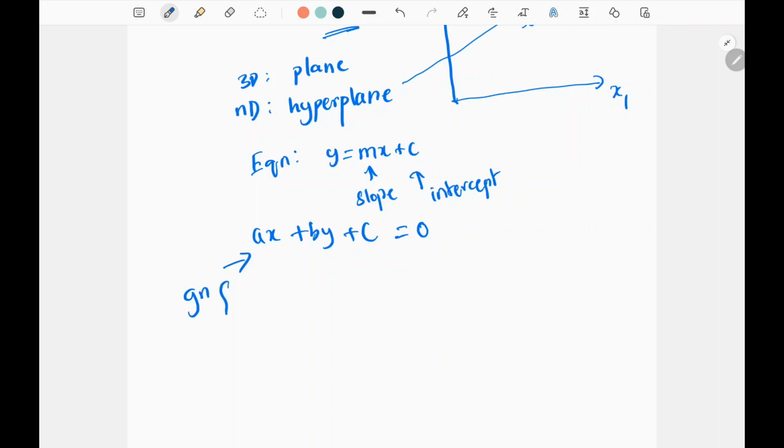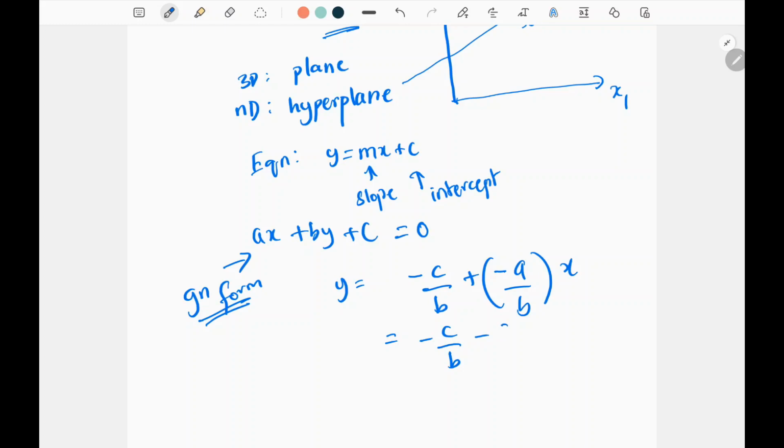This general form can be written as y equals minus c divided by b, minus a divided by b into x, which is nothing but minus c divided by b minus a divided by b into x.